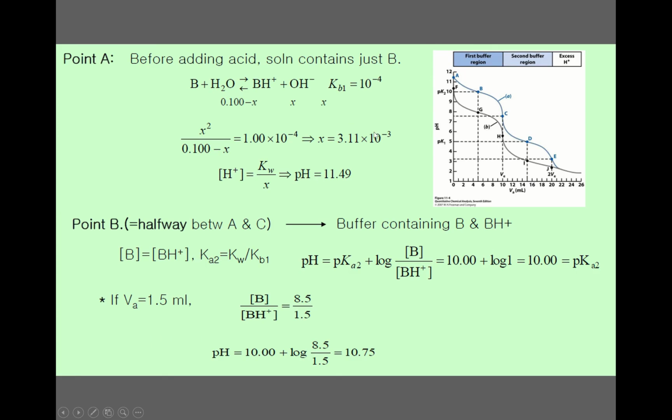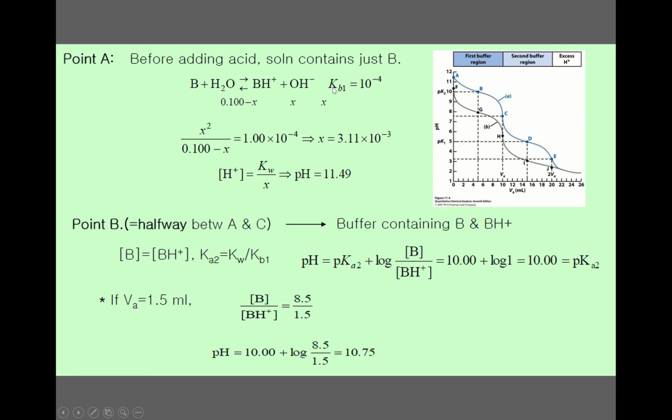All right, let's consider this blue curve. The point A is the initial pH. To calculate the initial pH, let's only consider this first equilibrium. B now reacts with water to produce BH+ and hydroxide ion.